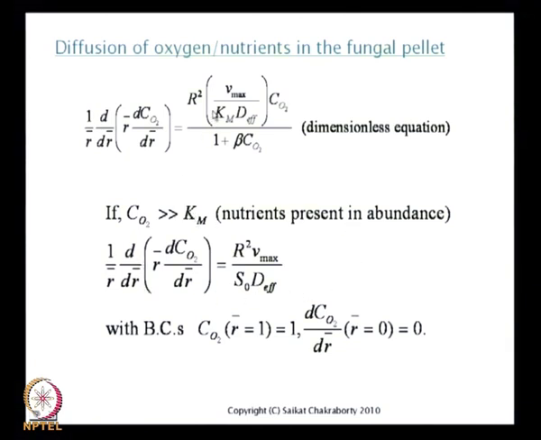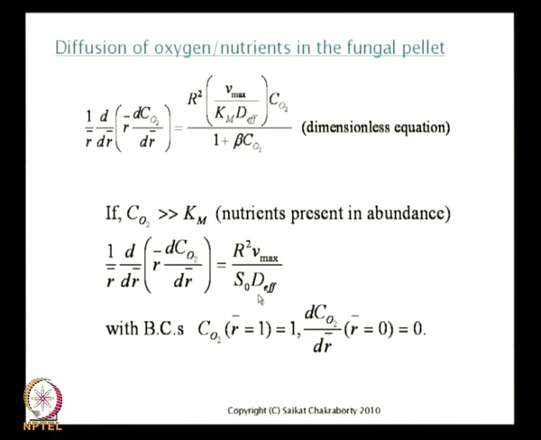Now, when you make that assumption, what you find is that this equation, which is Michaelis-Menten kinetics, reduces to a zeroth order kinetics, because when CO is much larger than Km, the CO in the numerator and denominator cancel out, and this is what you have.